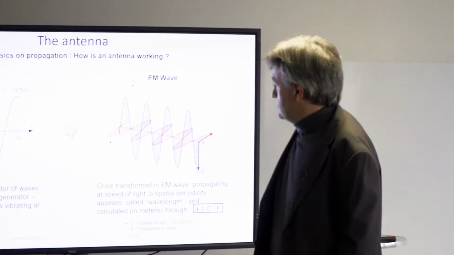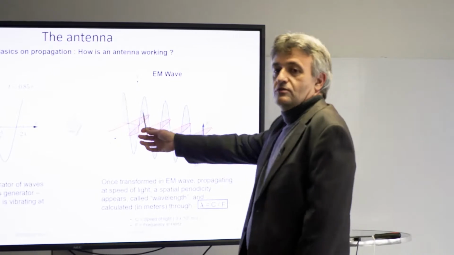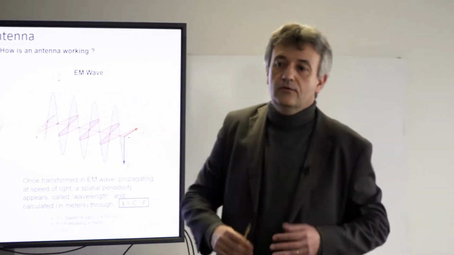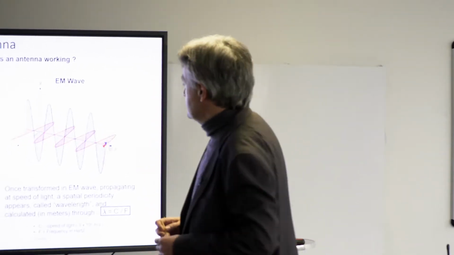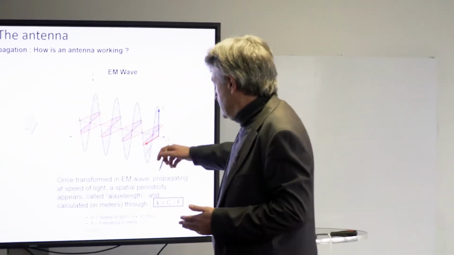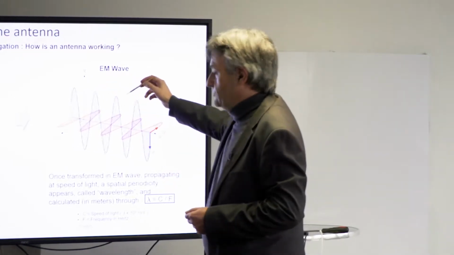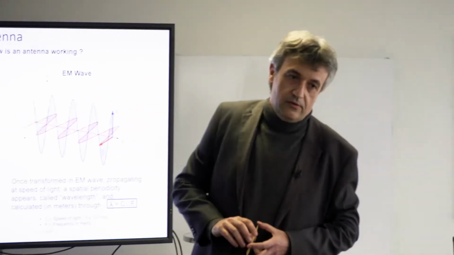Okay. But you see that it creates, because of the speed of the wave, which is traveling over the air or over the space, what we call a spatial periodicity. And this spatial periodicity is referred as the wavelength of the transmission.